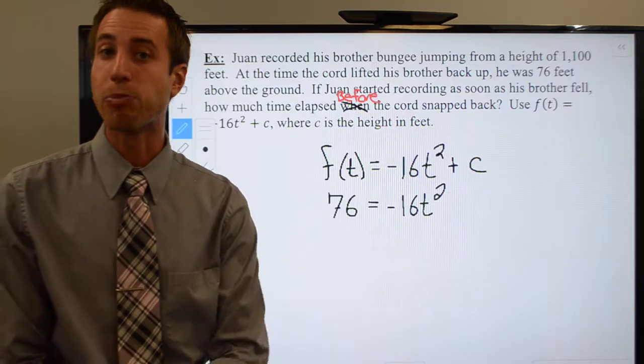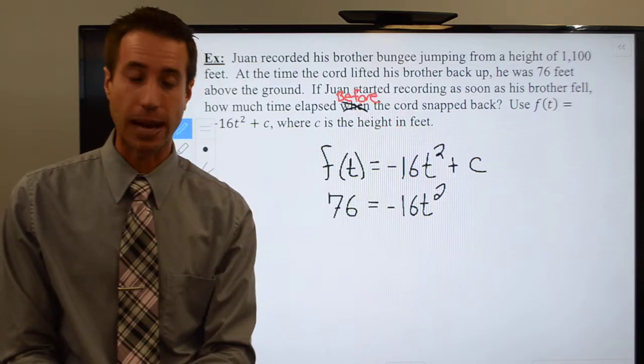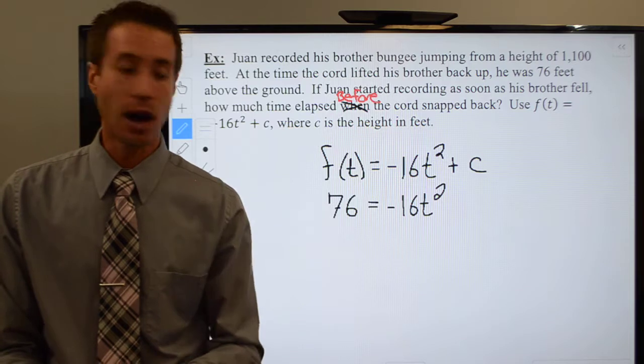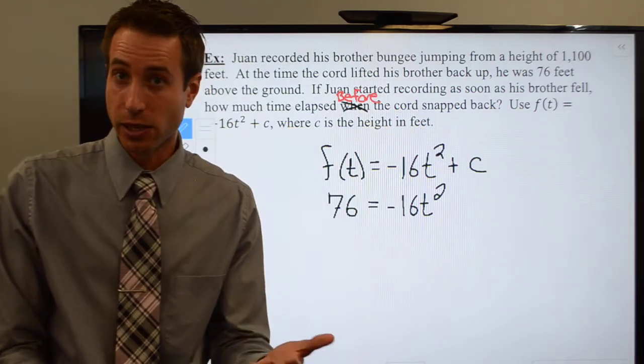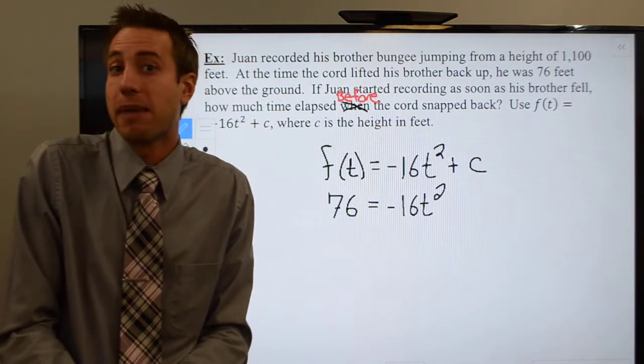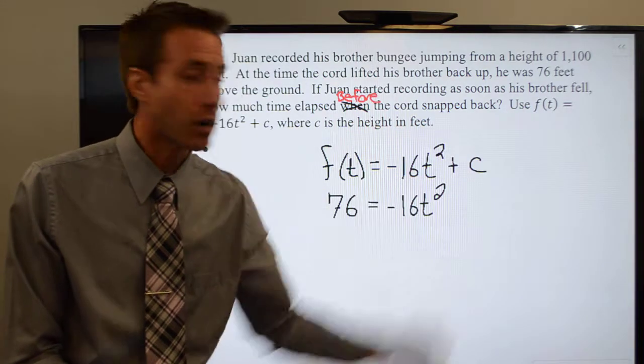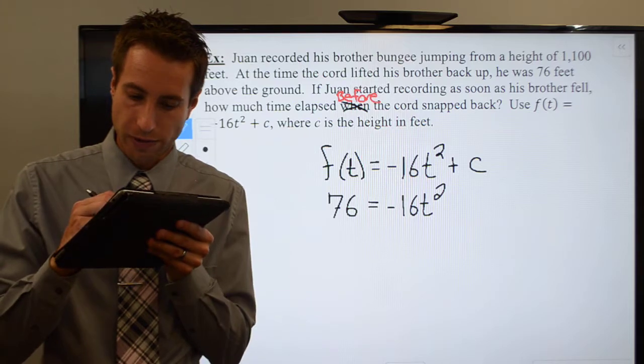Remember, c represents your y-intercept, right? Where do you cross the y-axis? Well, since the y-axis is your height, what was the maximum height he started at? Well, he started at 1,100 feet.